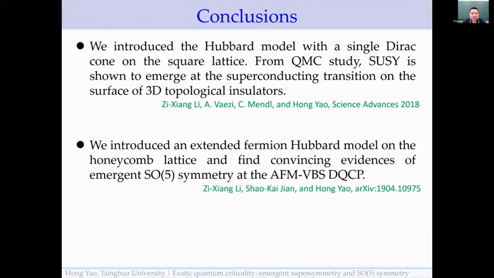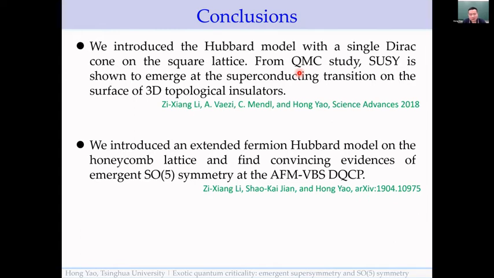Okay, so let me conclude with this remark. First, I introduced a Hubbard model with a single Dirac cone on the square lattice from quantum Monte Carlo study. SUSY was shown to emerge at the superconducting quantum phase transition of this single Dirac cone model.